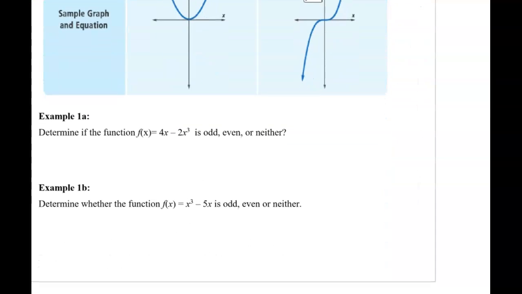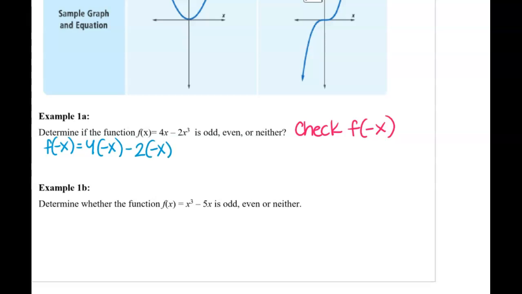So if we want to figure out if a function is odd, even, or neither, we're going to check f of negative x and see what happens. See if we get the same thing, see if all the values are negative, or see if something weird happens, then it would be neither. So f of negative x, we would have 4 times negative x minus 2 times negative x cubed.